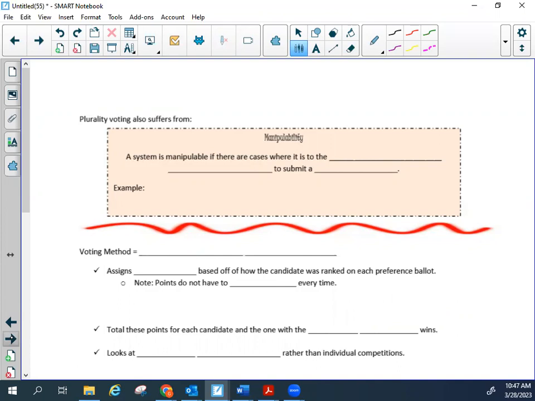So this suffers from manipulability. A system is manipulable if there are cases where it's to the voter's advantage to submit a disingenuous ballot.